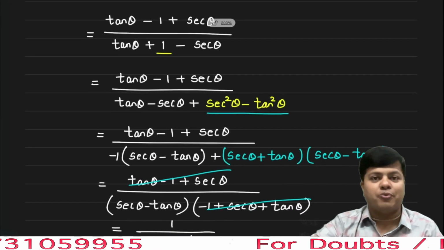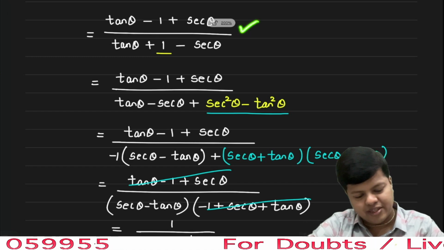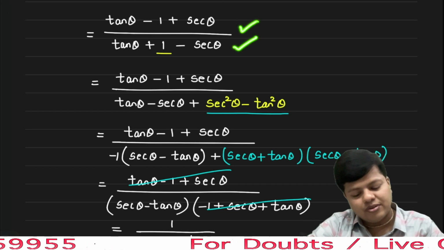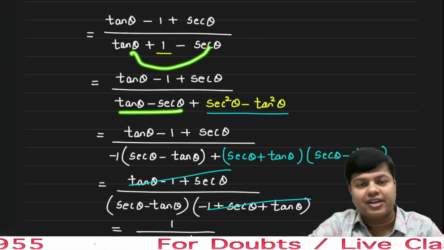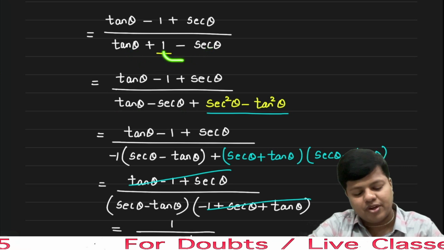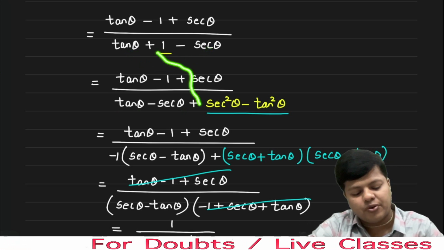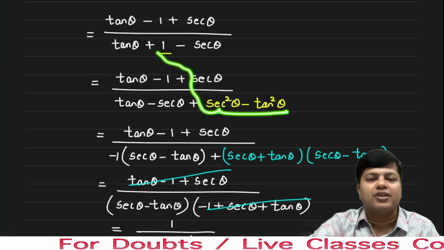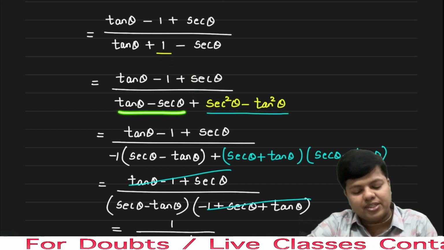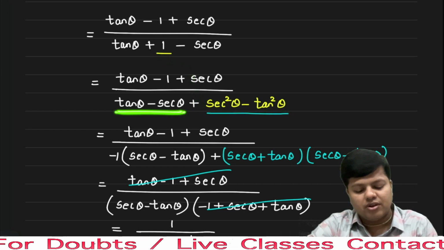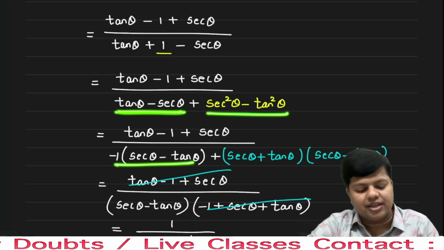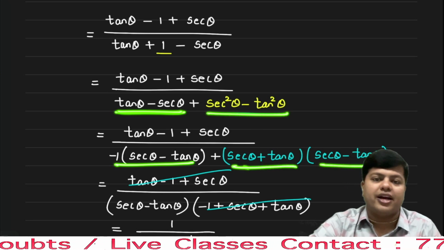So divide both numerator and denominator with cos theta, so we'll get this. And now tan theta minus secant theta you should write side by side, and this plus 1 you should write in the corner, and in place of plus 1 you write the identity. Next step, take minus 1 common from this both I took, and write this as a plus b into a minus b I wrote.